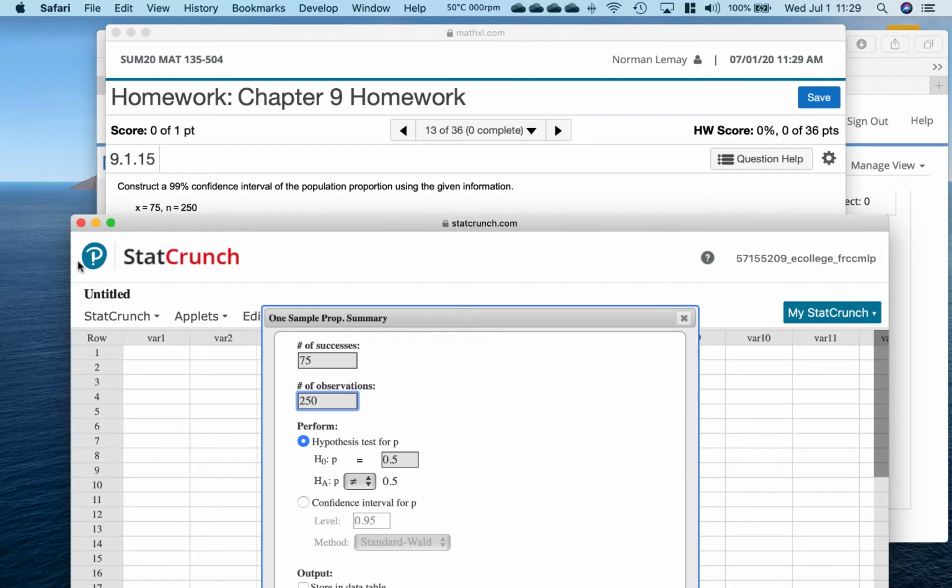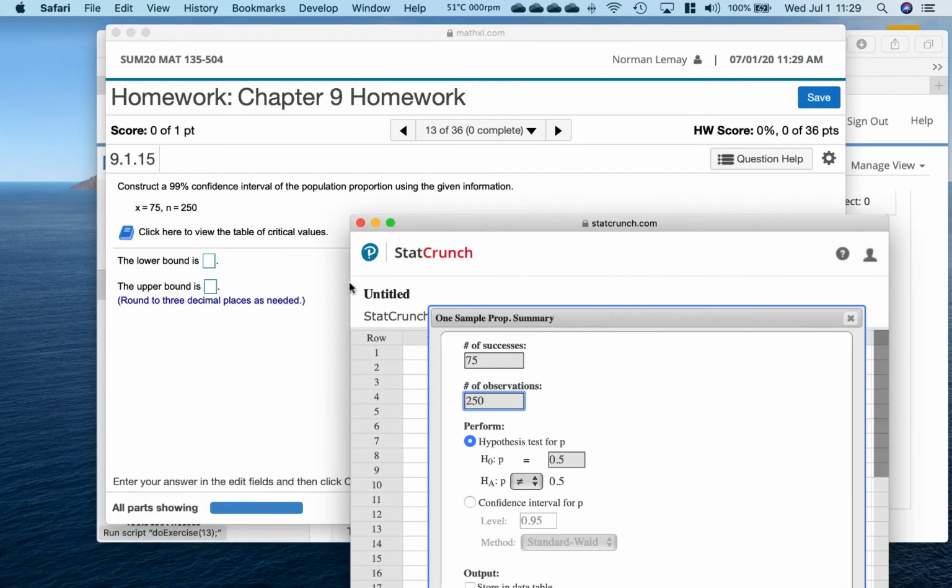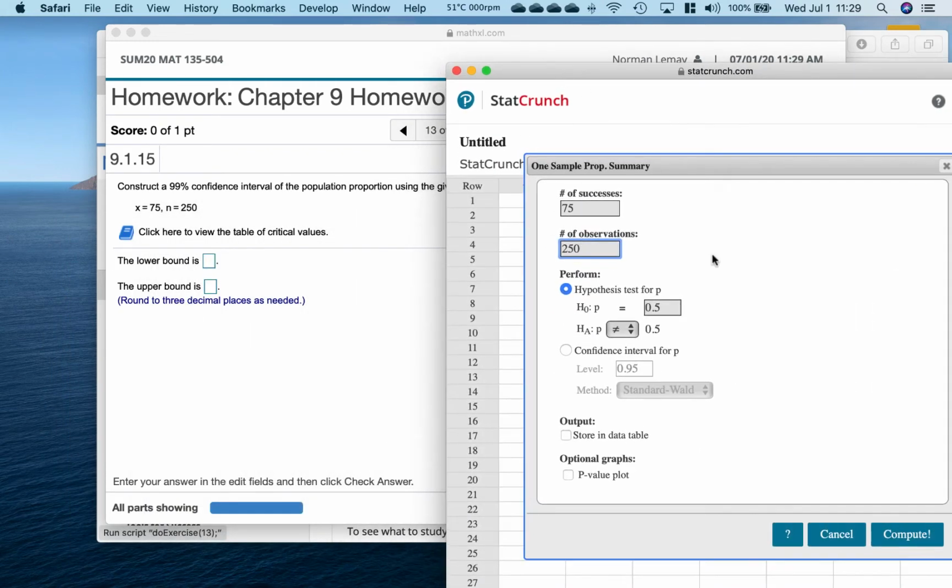Notice we have to change from hypothesis to confidence interval, and here we wanted 99%. We'll leave the method and click compute.